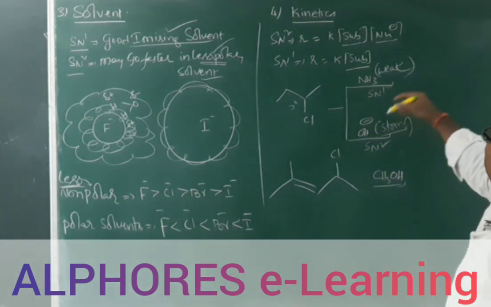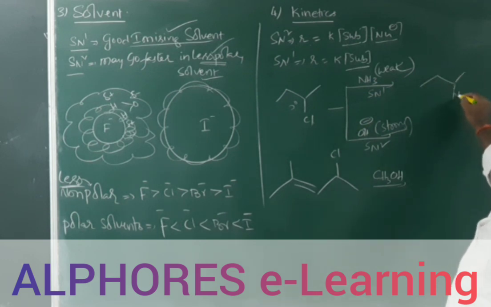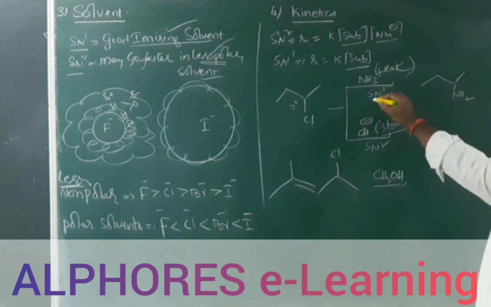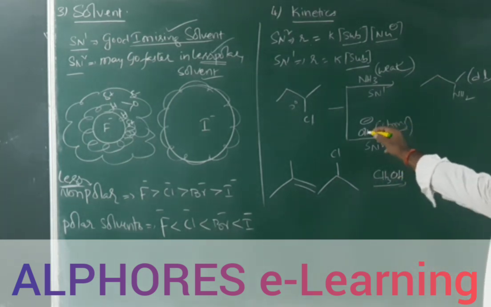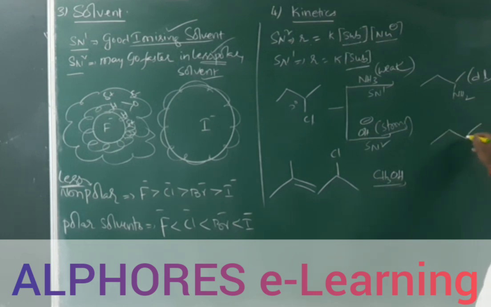Because of SN1, via formation of a carbocation, you get NH2 product as a DL mixture, a racemic mixture. Whereas in SN2, OH minus approaches from the rear side, so we get only one product, that is inversion.